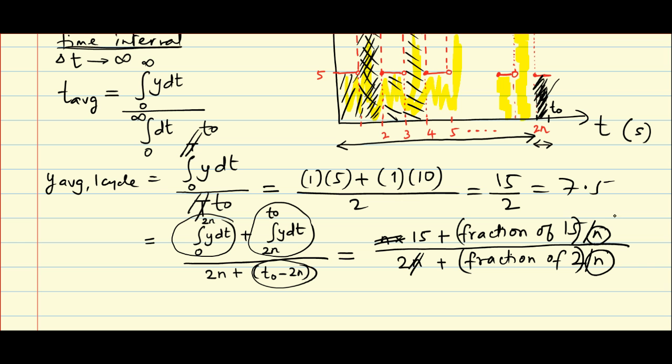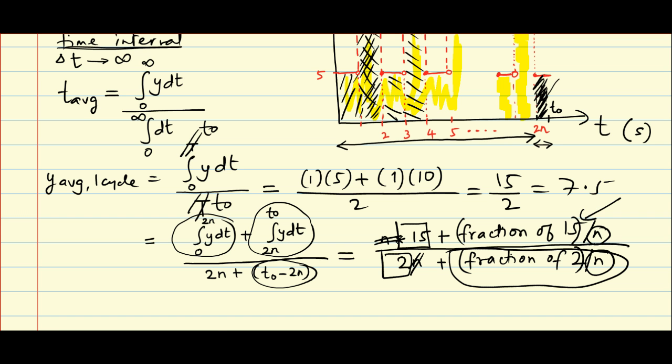So what is going to happen is, compared to 15, this term, it's a fraction of 15, and further you are dividing it by a very, very large number like 1 million or 2 million, it's going to be negligible compared to 15. Similarly, this term, which is a fraction of 2 divided by a very, very large number, is going to be negligible compared to 2.